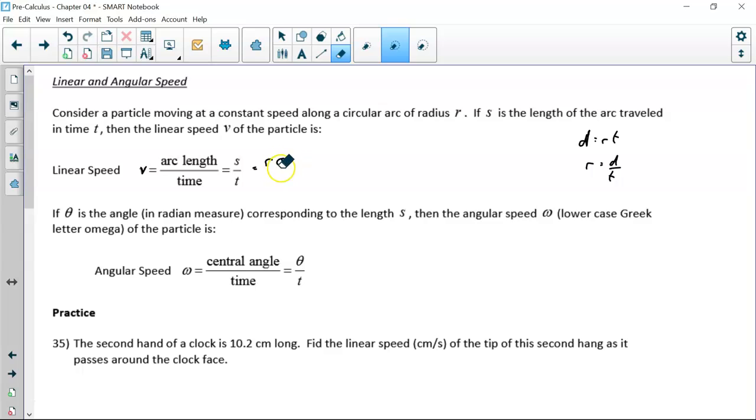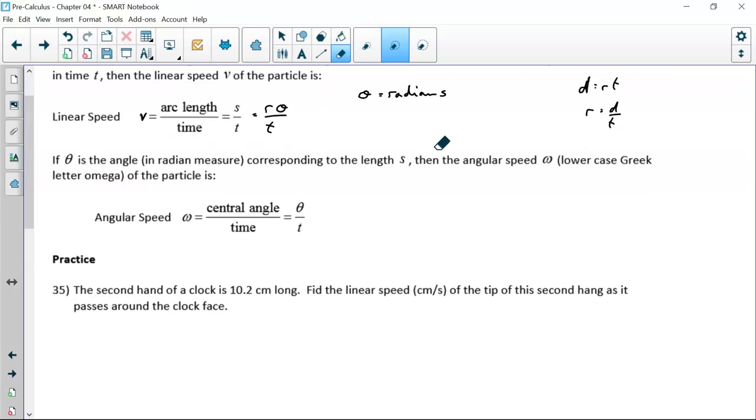It's that distance over the time. Remember, theta is in radians. So when we talk about finding the linear speed, we're looking at S over t, theta times r divided by the time.